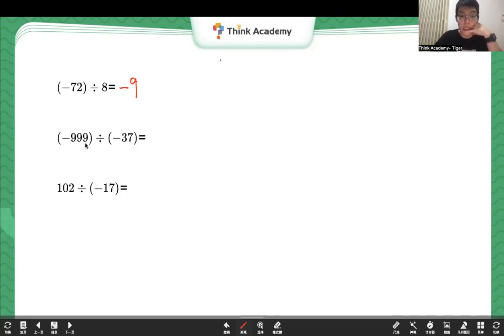Okay. And next, minus 999 divided by minus 37. So are they having same signs or different signs? Same signs. So is the outcome going to be positive or negative? Yes, very good.